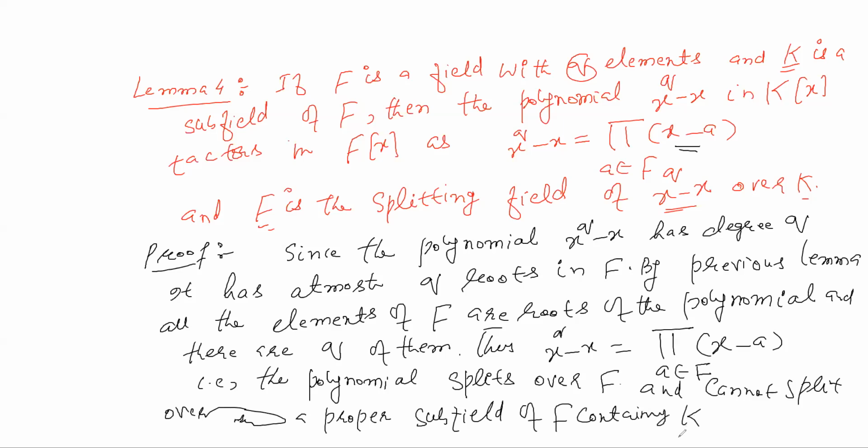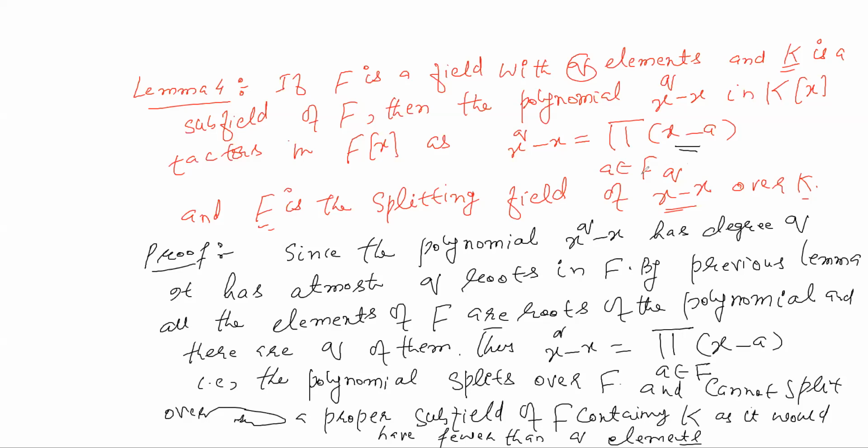Because the smaller field would have fewer than q elements, so the polynomial won't have all the factors as linear. So we are through. F is the splitting field of this polynomial.